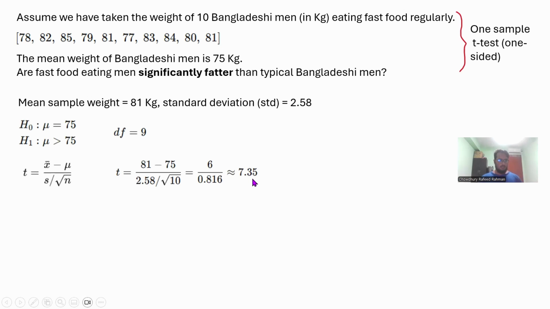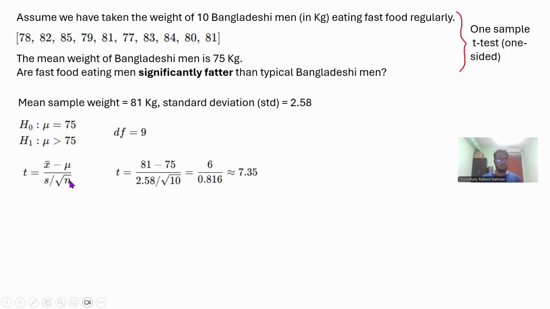Now one thing you may ask me, why do we divide by root n? So the answer is very simple. Here we are trying to divide by the variance, not the variance, I'm sorry, the standard deviation. Now the standard deviation is with respect to the mean value. So you see that in the numerator we have the mean values. The standard deviation is basically of the mean value of the x prime, right?